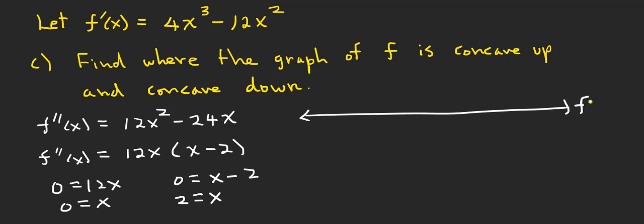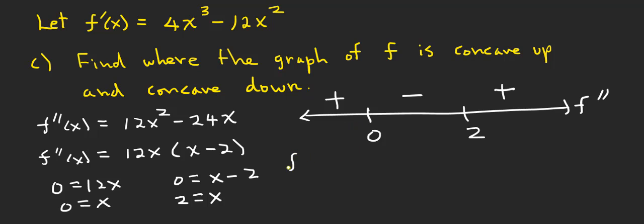So now we can come up with the f double prime chart. You have 0 and 2. Pick a negative number and plug it into the second derivative. You end up getting positive. Choose 1, you plug it in, you get negative. And choose any number greater than 2, plug it in, you get positive.